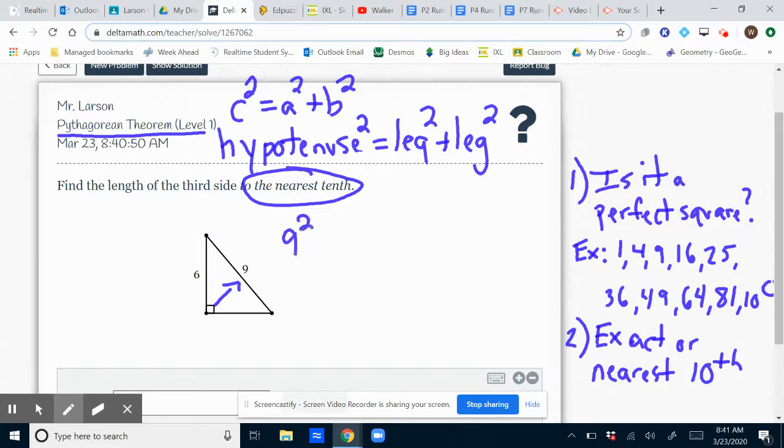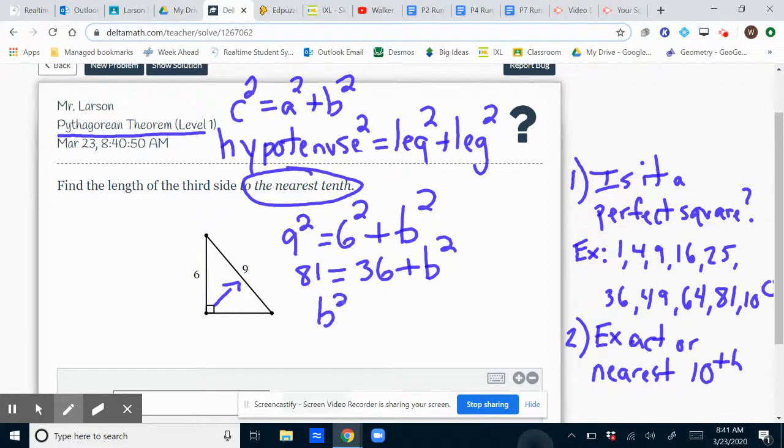So 9 squared equals 6 squared plus, I'll call the missing one b squared. 9 squared is 81. 6 squared is 36 plus b squared. In my calculator, I go 81 minus 36, and I get 45, right? So b squared equals 45.